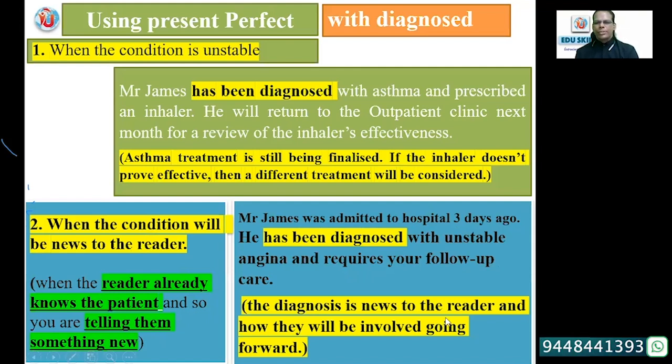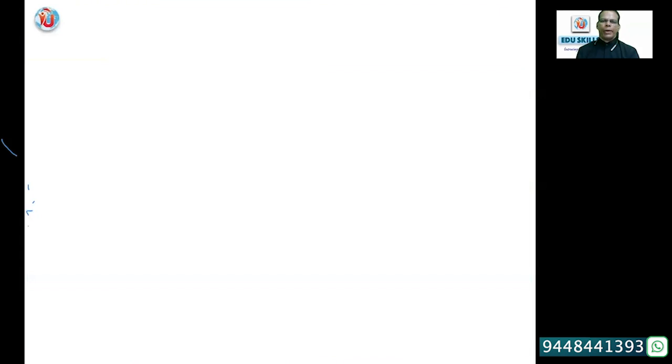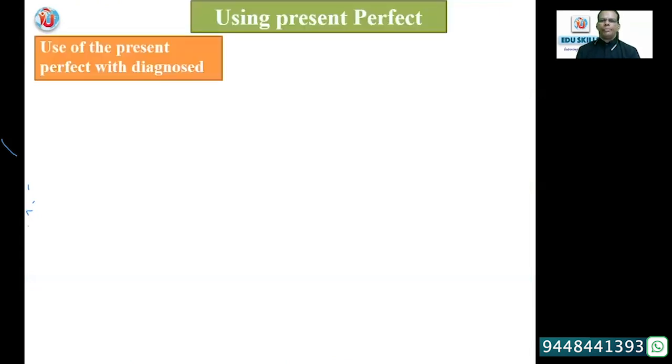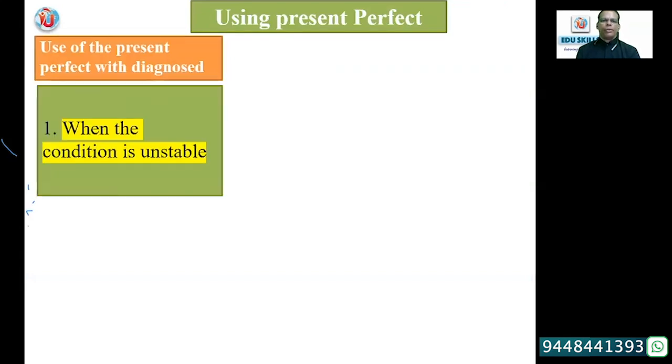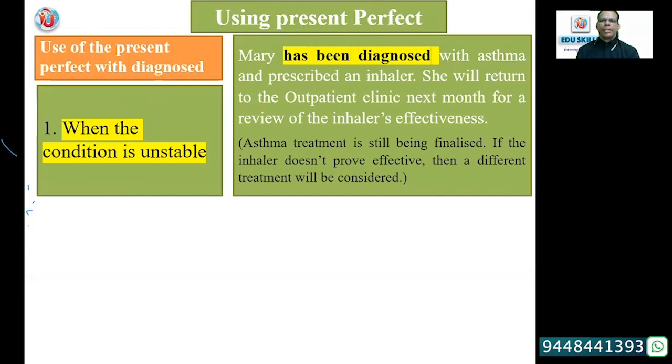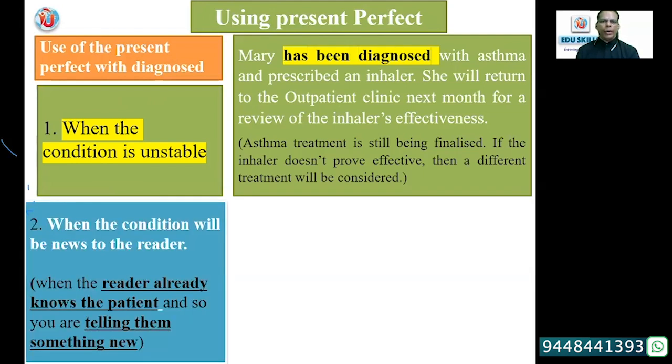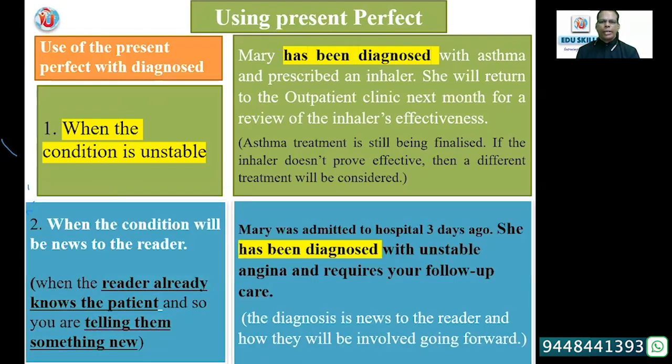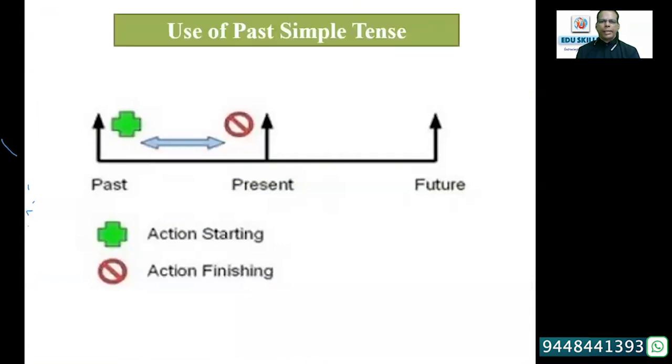Here, the diagnosis is news to the reader, and how they will be involved in the ongoing care and management going forward is going to be influenced. Yes, using present perfect again. Use of the present perfect with diagnosed: when the condition is unstable, I told you already, and when the condition will be news to the reader.